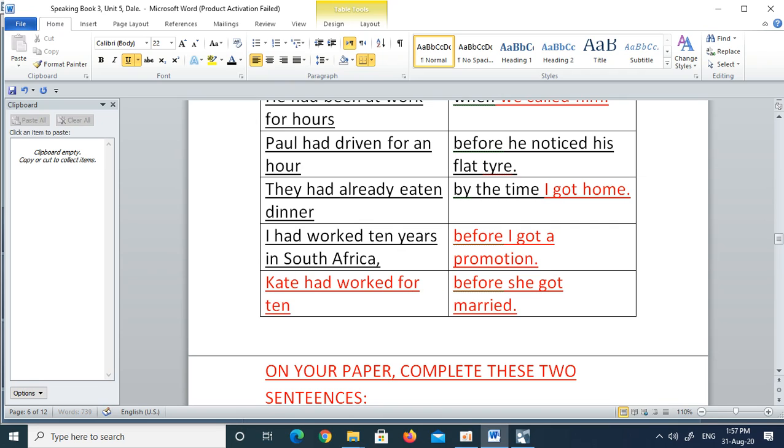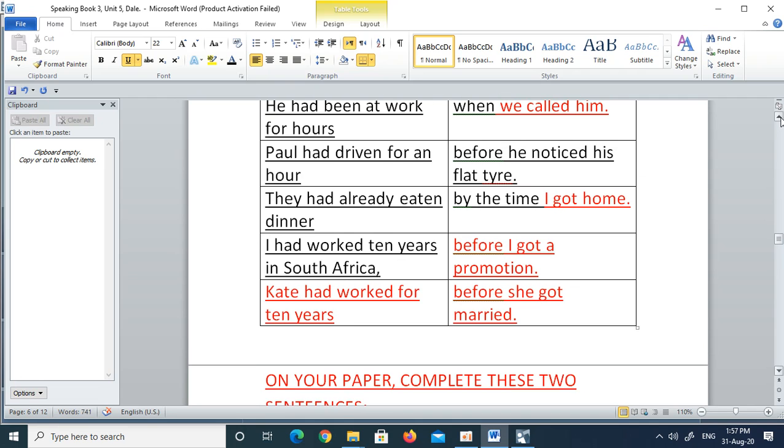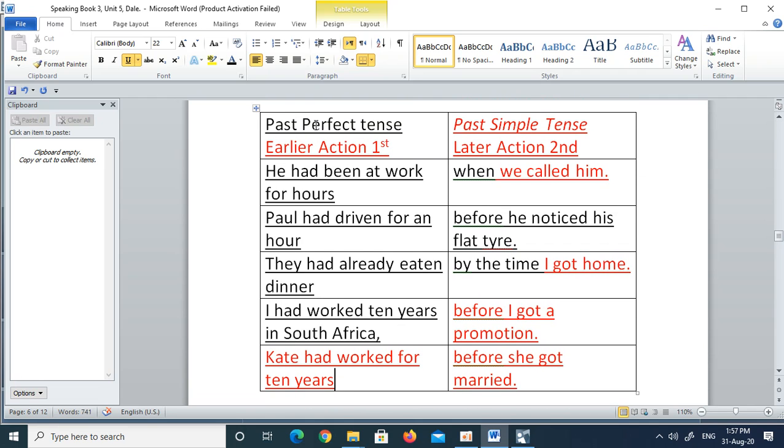Kate had worked for 10 years before she got married. This is the first action, and because it is the first action, it must be in the past perfect tense, which means it will have a had. Now, you can use any answer of your own as long as this answer, the verb, is in the past simple.